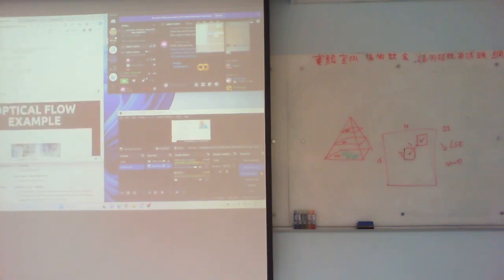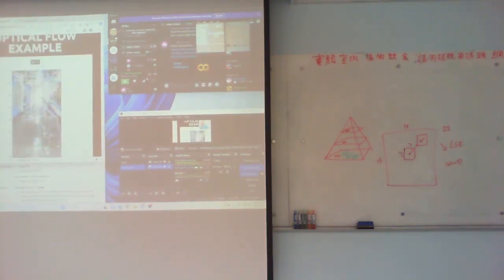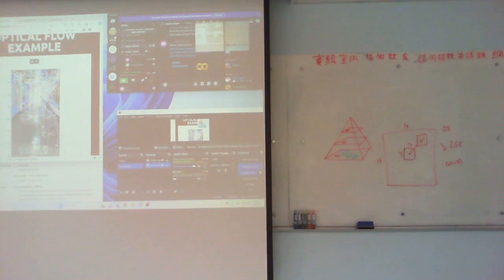When I make bigger motion, then you get more error in the image.